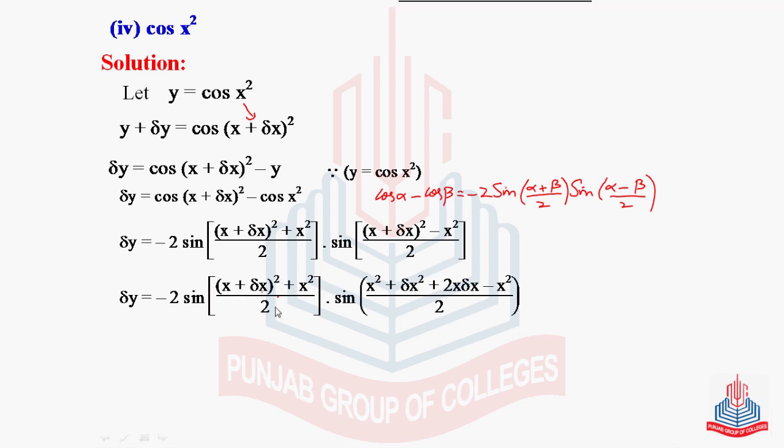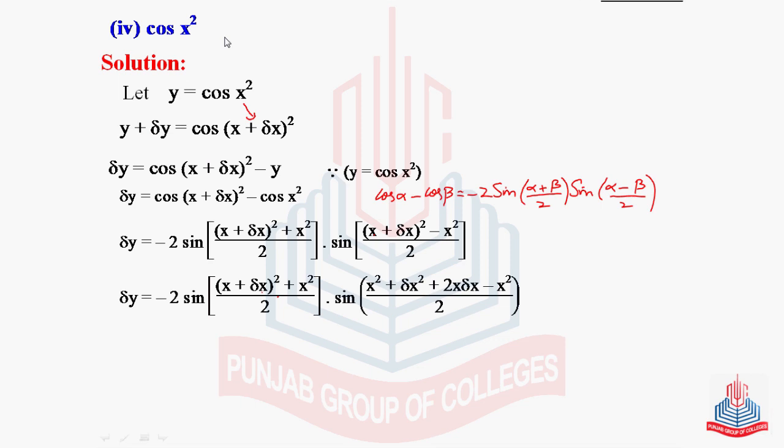But when we apply limit delta x here, this will become 0, and we have only x square minus x square, which will be cancelled out, and this will become 0. So sine 0 will be 0, and this 0 multiplied by this one will become 0. So actually this will show the derivative of cos of x square as 0.